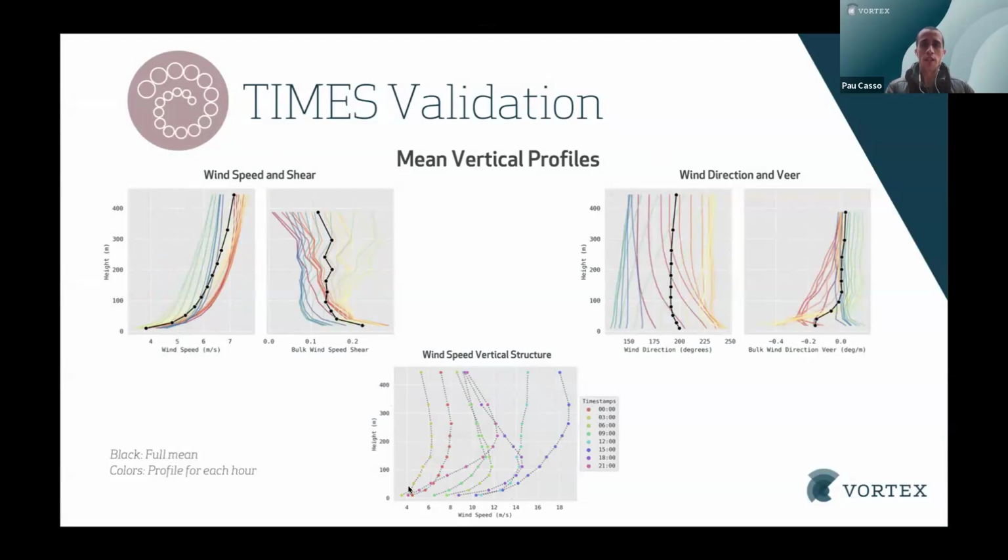For the data set, you can see that, interestingly, the model is able to see that this site has a very different behavior at nighttime compared to daytime, for example. And you can see here the generation of low-level jets, which is something that in a mesoscale, medium resolutions, it's a little bit more difficult to get, almost impossible, I would say.